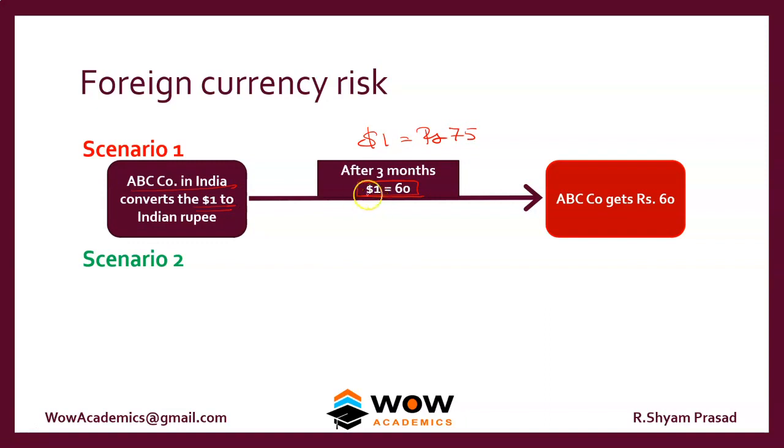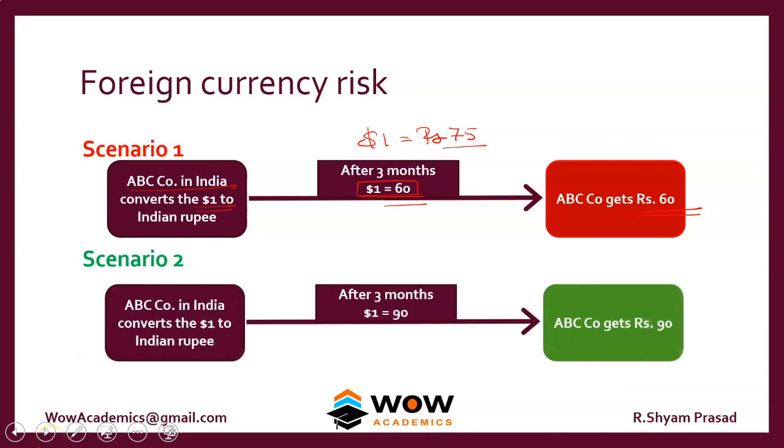The US company has made its part very clear and paid the $1, but when converting this $1 at the bank, the Indian company gets only 60 rupees. So now there's a problem here. The company has effectively incurred a loss of 15 rupees because they thought they would get 75, but now they are getting only 60 rupees for a dollar.